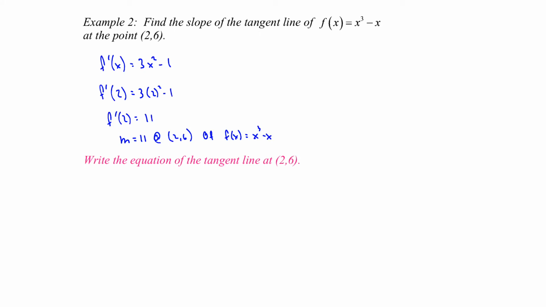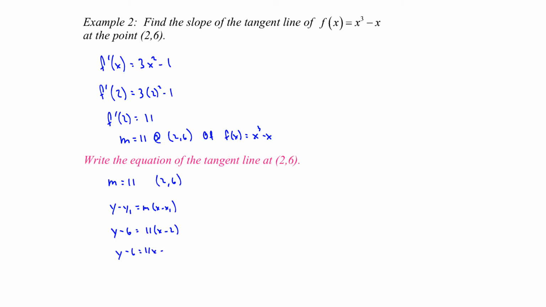Now we're going to take a step further. Write the equation of the tangent line. Well, this just gets back to your algebra with linear equations. If I have a slope and I know it goes through the point (2, 6), how do you write an equation of a line given a slope and a point? One of the ways is you can use the point-slope form and plug in your y value, your slope, and then your x value of the point, and then solve for y.